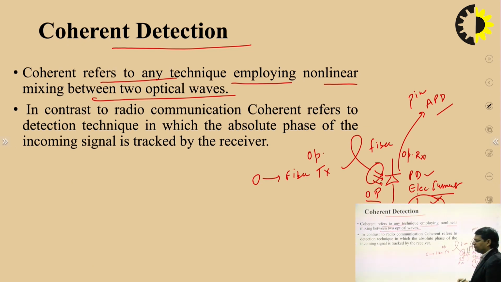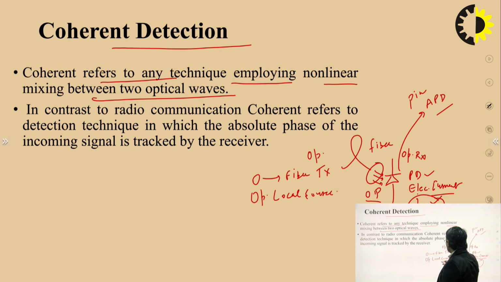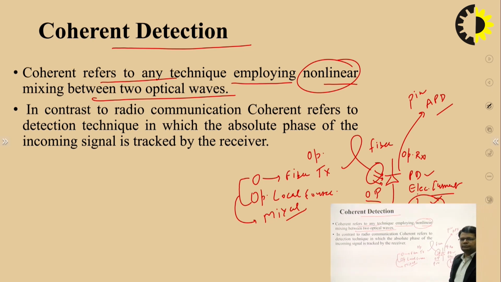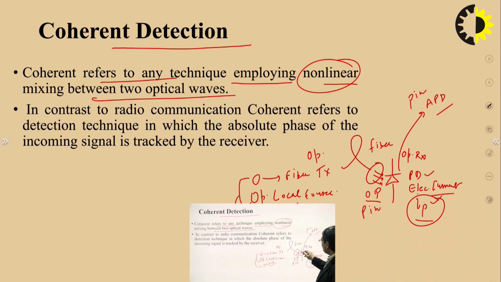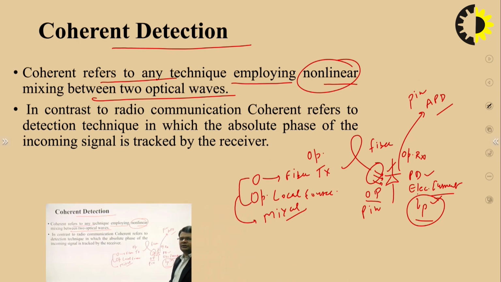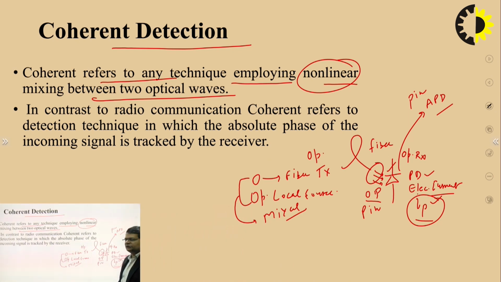Then we have an optical signal that is from a local oscillator or local source. These two optical signals are mixed in a non-linear manner and then incident over this photodiode or photodetector. So this is the meaning of coherent detection.